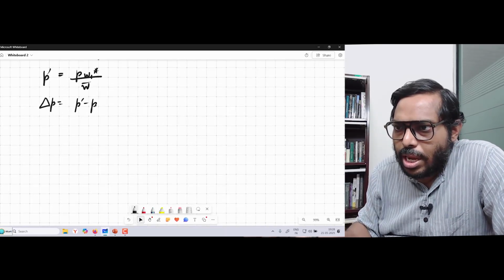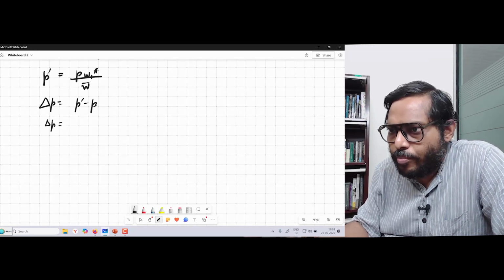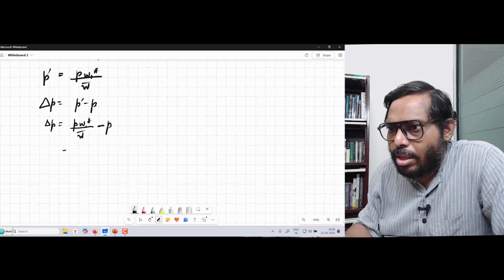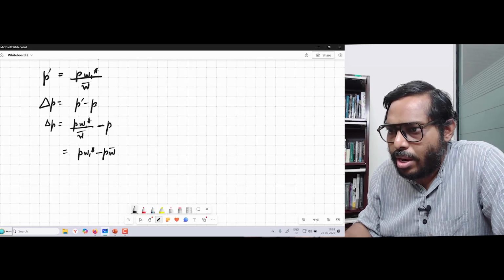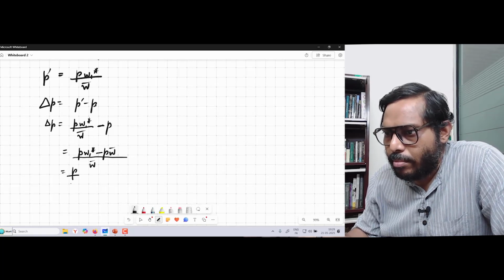So, we just saw that P prime is this. So, delta P is equal to P W1 star by W bar minus P, equal to P W1 star minus P W bar divided by W bar, or I can take the P outside, P by W bar into W1 star minus W bar.